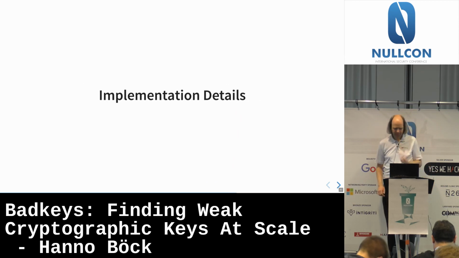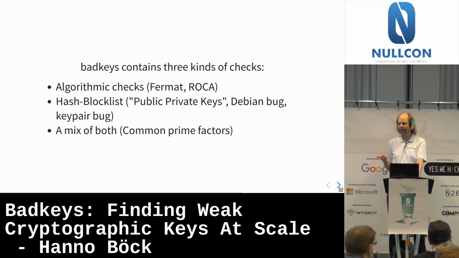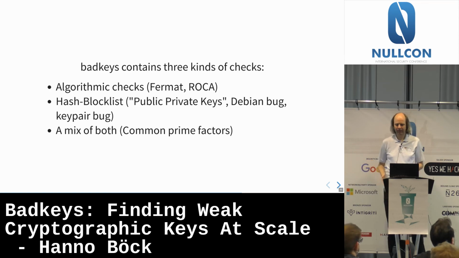I want to mention a few implementation details, how I'm doing this. First of all, I'm doing kind of three kinds of checks. One is algorithmic checks, which is like the Fermat attack, where I'm just trying the attack, and if it works, I have broken the key. Or ROCA, where I have an algorithm to identify vulnerable keys.